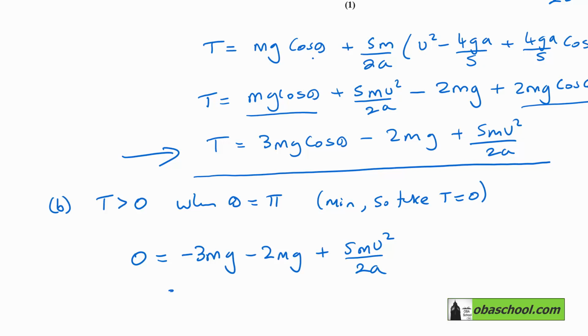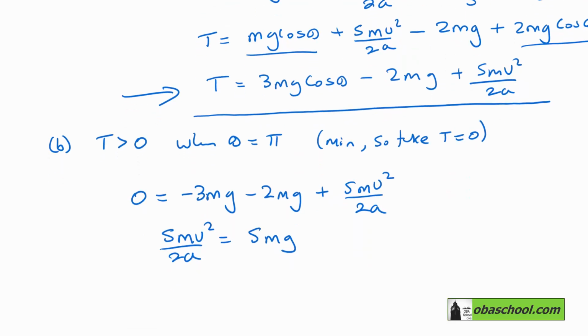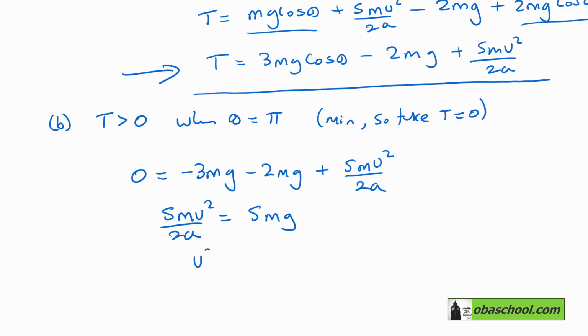We can rearrange that to give 5mu squared on 2a equals 5mg. And then u squared is going to be 2ag, and so u will be the square root of 2ag.